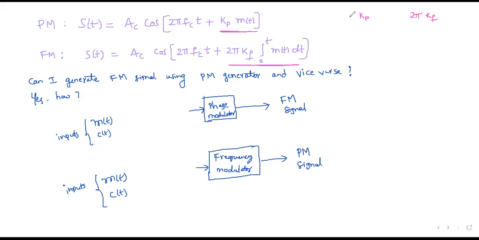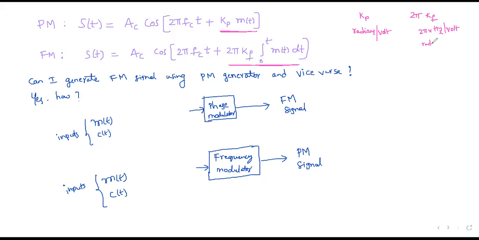Now, what are the units of Kp? The units of Kp are radians per volt. What about the units of Kf? The units of Kf are hertz per volt. But I have 2 pi into Kf, and the units of 2 pi are radians.